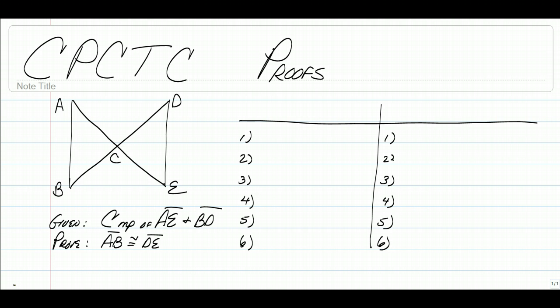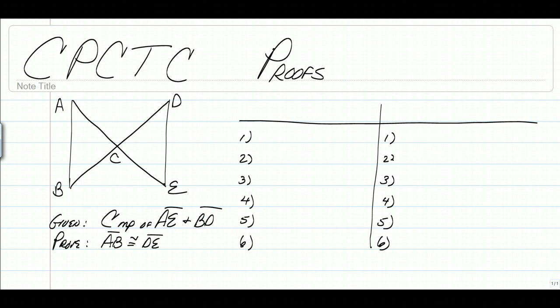Corresponding parts of congruent triangles are congruent was one of the first things you learned about what congruent triangles are. It means all congruent triangles have all 3 sides congruent and all 3 angles congruent. Everything matches up. So what we're going to do is use congruent triangles to prove that AB is congruent to DE in this diagram. It's taking it a step further.